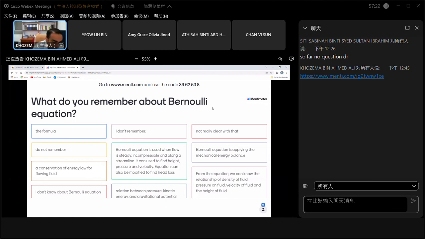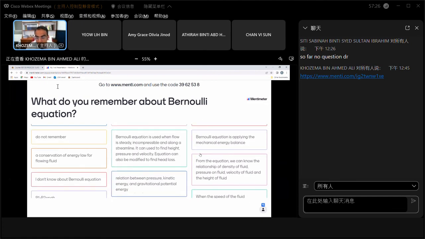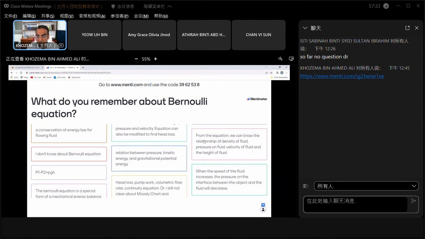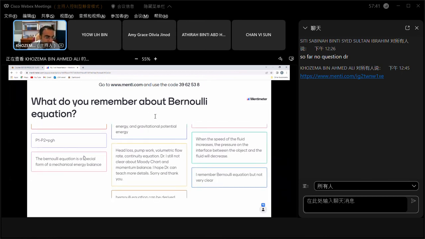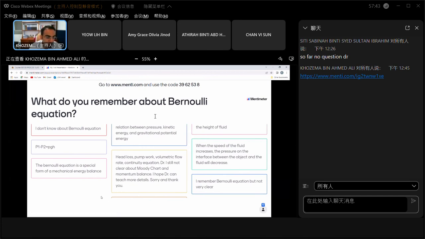I don't know about Bernoulli equation. Bernoulli equation is applying the mechanical energy balance. From the equation we can know the relationship of density of fluid, pressure of the fluid, velocity, and the height of the fluid. P1 minus P2 is equal to rho g h.